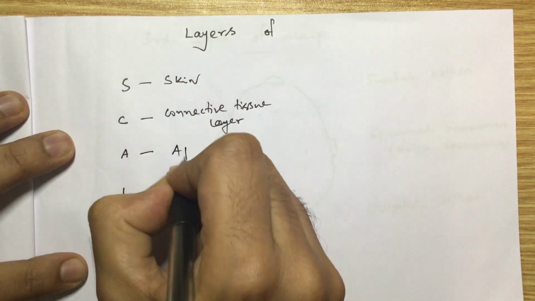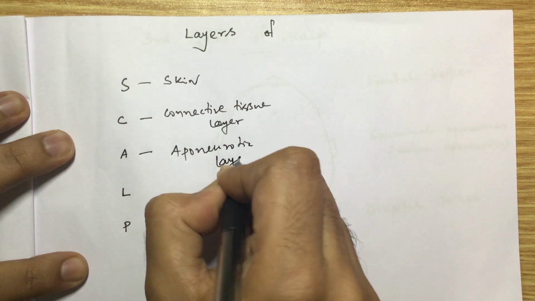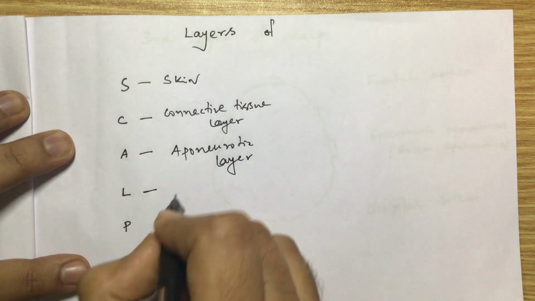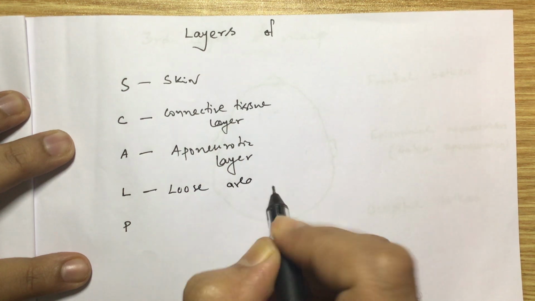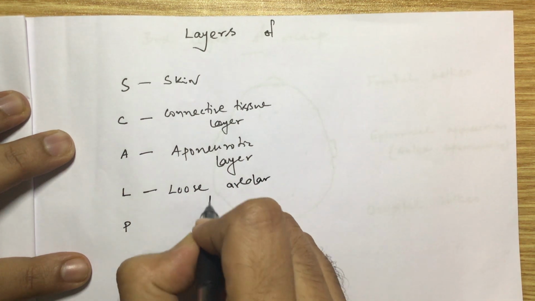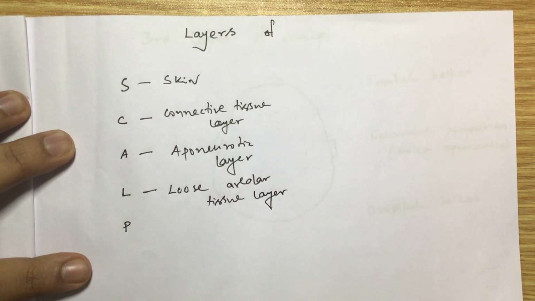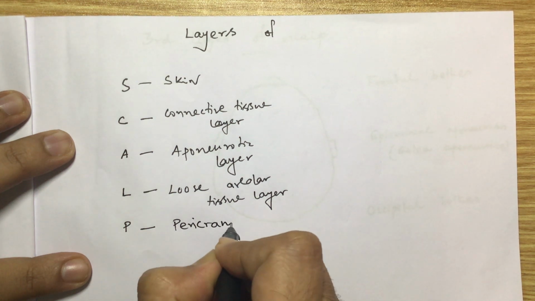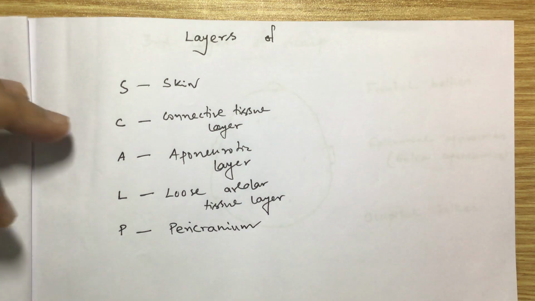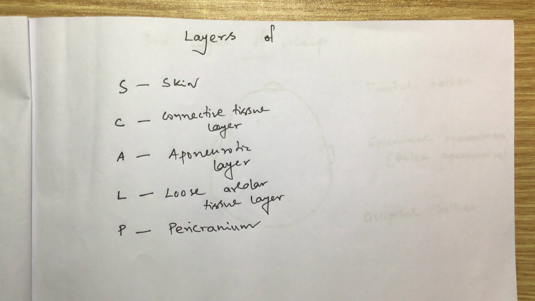A, aponeurotic layer. L, loose areolar tissue layer. P, pericranium. So these are the 5 layers of scalp.